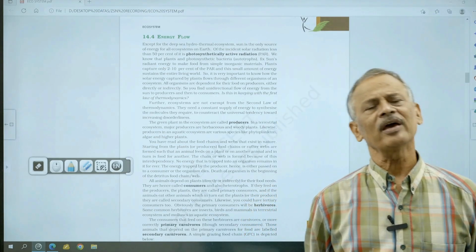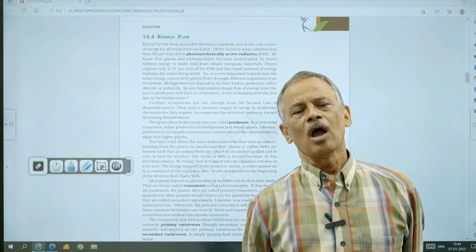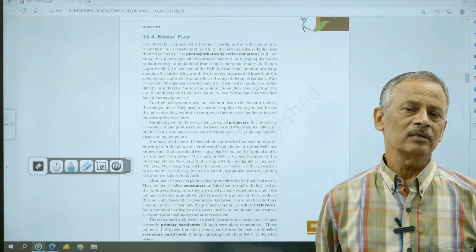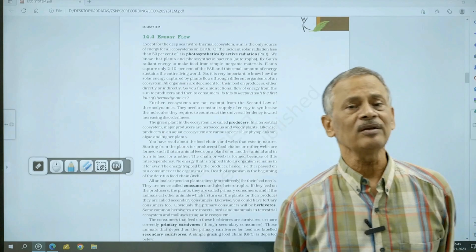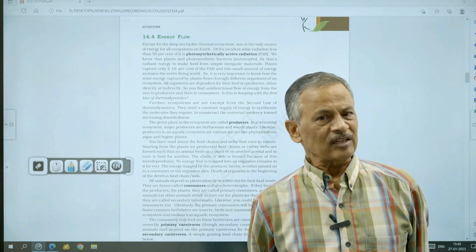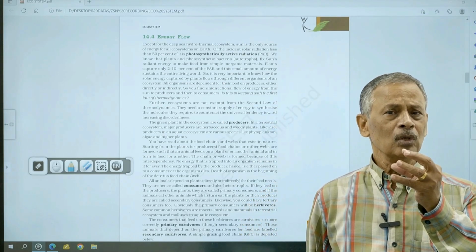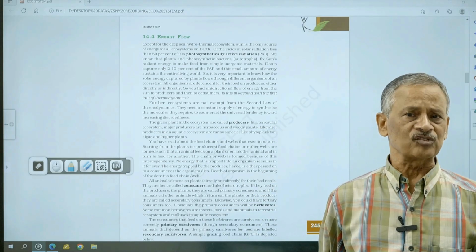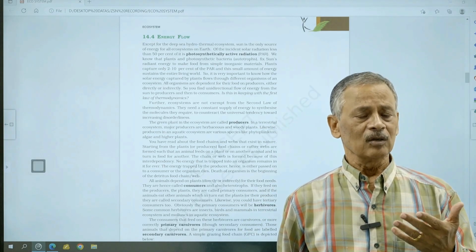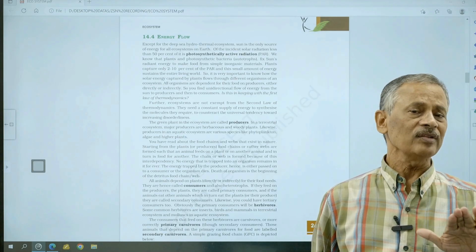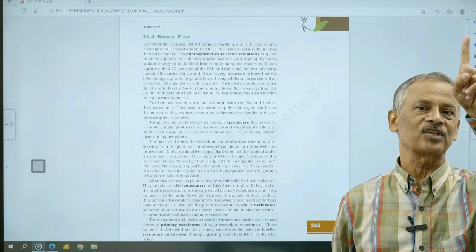And from where do they get energy? Almost all ecosystems get their energy from the sun, except for a very few deep hydrothermal vents where energy is obtained from the earth's crust. In all of this, energy comes from the sun.